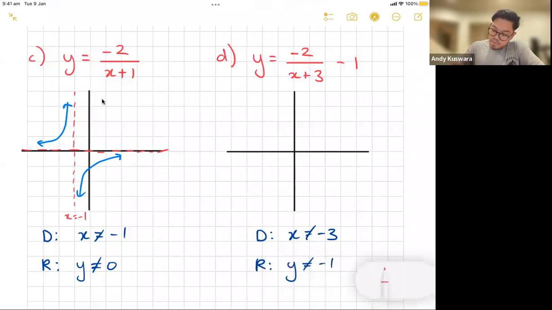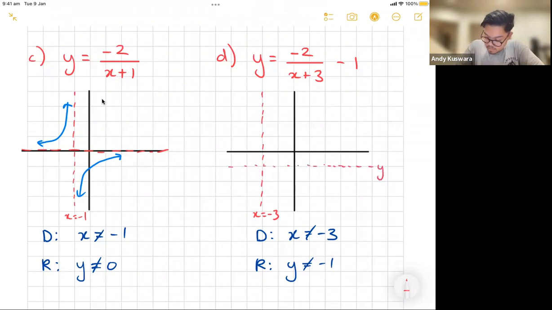So these become my asymptotes. x equals -3, and I'm just going to pretend -3 is here. I'm going to dot that in. There's my asymptote. y can't equal -1, so I'm going to dot that in. Oops, not 1, -1.